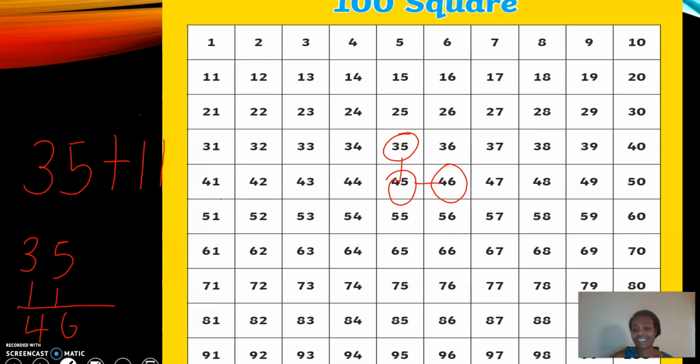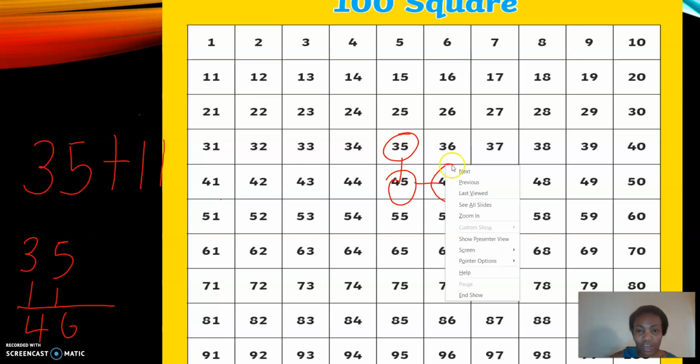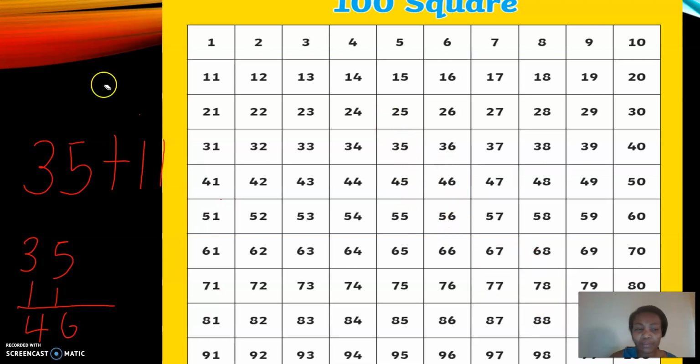Did you get that? So you see I got 46 using my column, and then I can also use the number square to get 46. You first count the tens and then move on the row counting the number of ones. Let's try another one. It's super easy. So as we try more, you become perfect too.